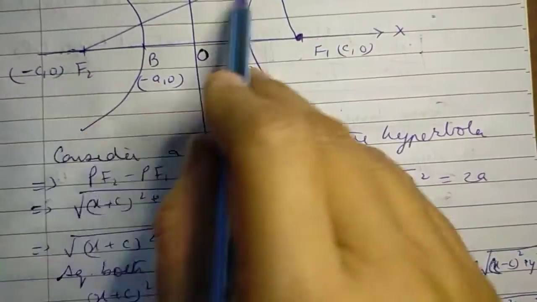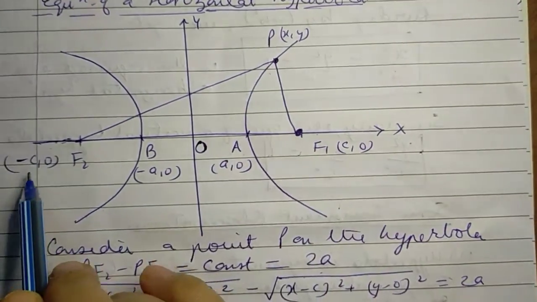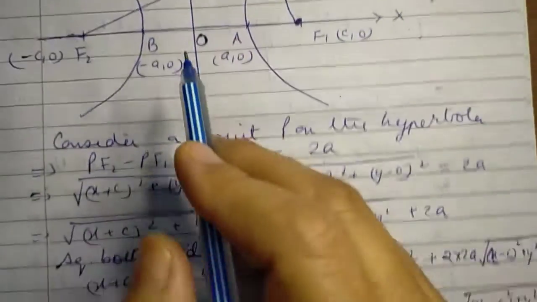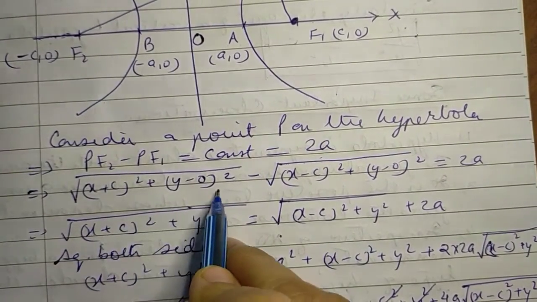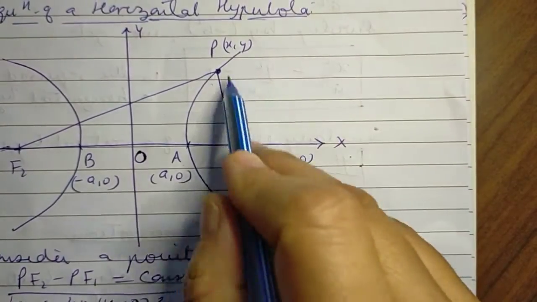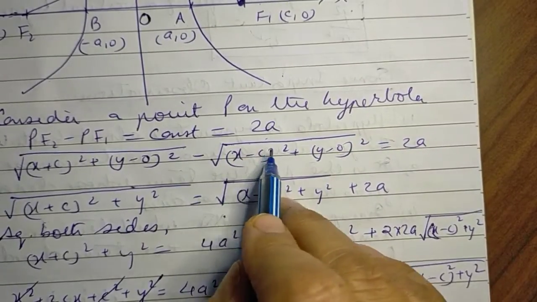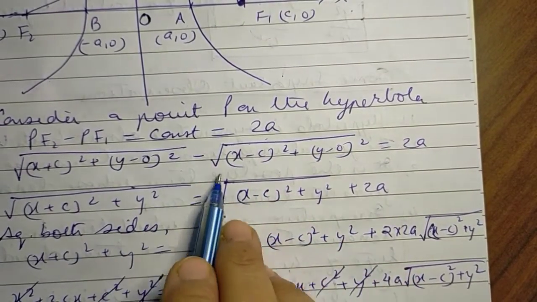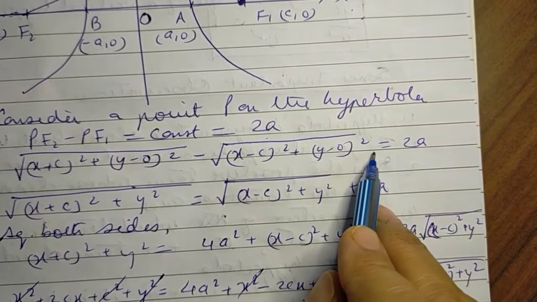But PF2 is the distance between the two points (x, y) and (-c, 0), and so it will be equal to square root of (x plus c) whole square plus (y minus 0) whole square, whereas PF1 is the distance between the two points (x, y) and (c, 0), which would be square root of (x minus c) whole square plus (y minus 0) whole square.